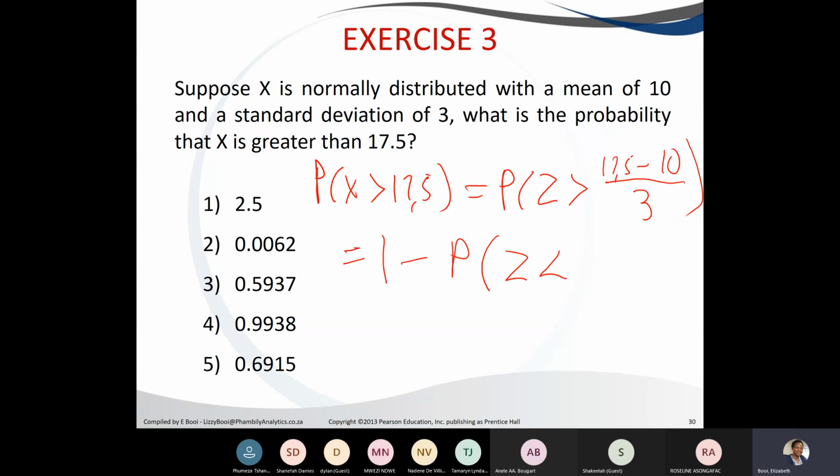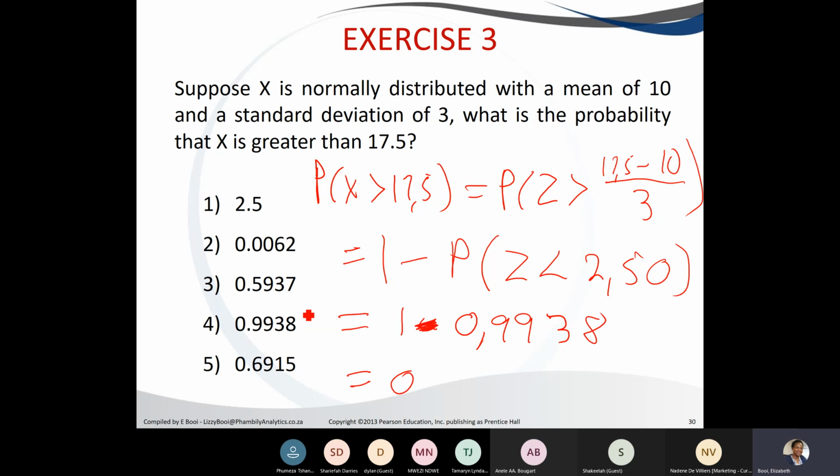If I calculate all the answers in there, I will find 2.50, which then I go to the table and I find that it is 1 minus 0.9938, which gives me 0.0062.